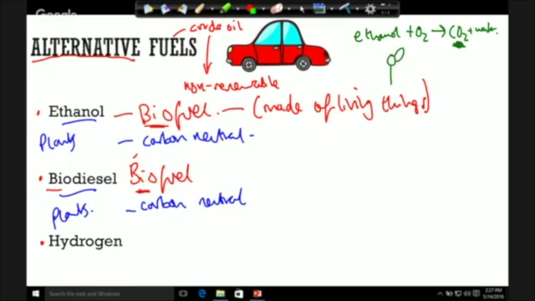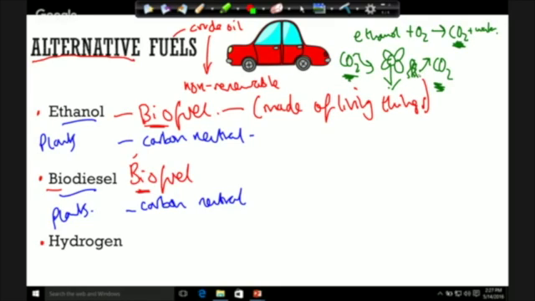Because they're made from plants, as the plants are growing, they will take in carbon dioxide through photosynthesis. And when they are then burnt, they will release that CO2 when they're a biofuel, but it's only releasing the CO2 that it's taken in. That's why we call it carbon neutral, because it's taken CO2 in whilst it's growing.